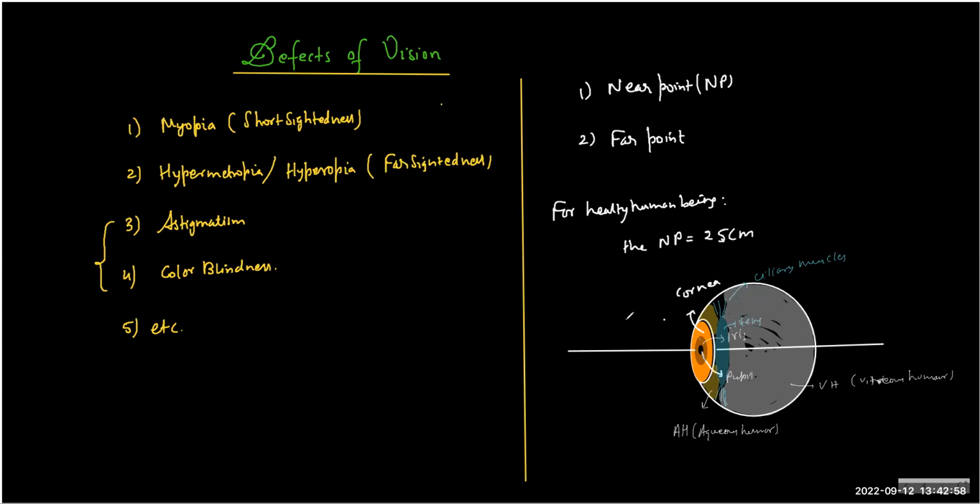And then we have the retina, which is the back portion, and we have something here called the most sensitive part, the fovea. And this is the neural connection, called the optic nerve.